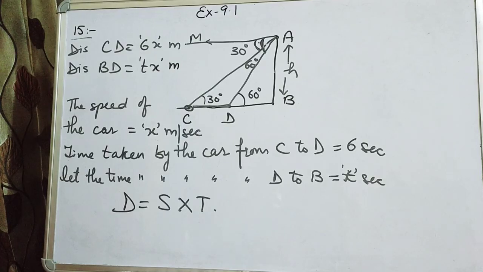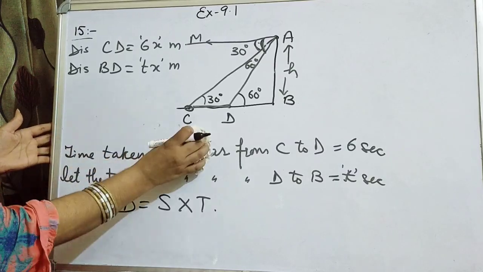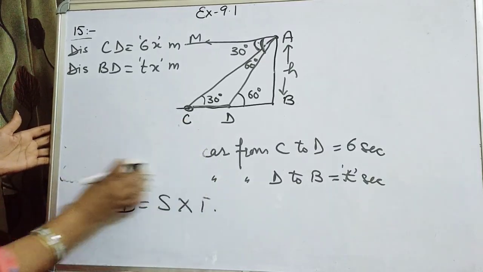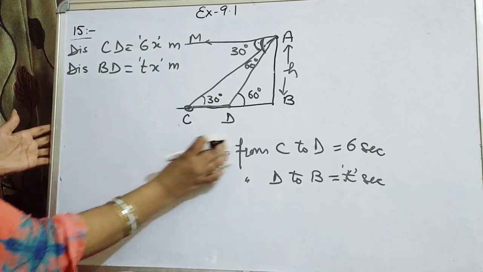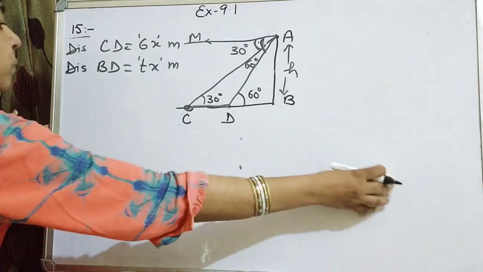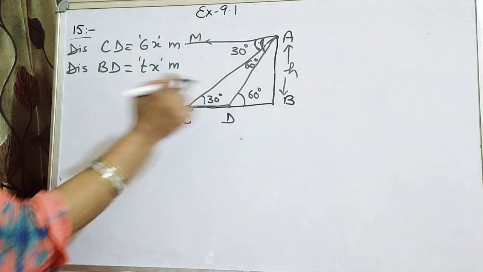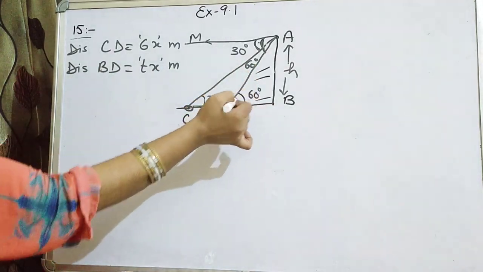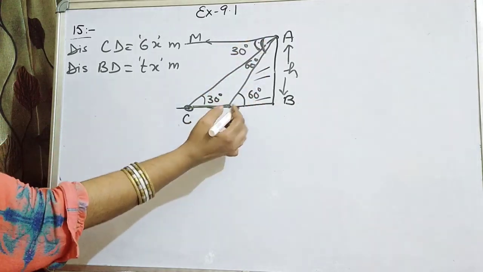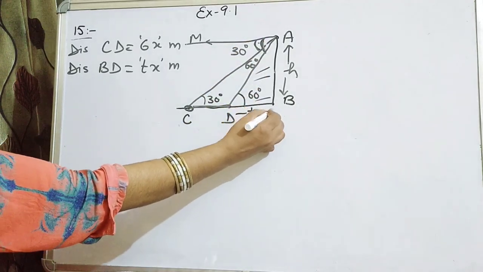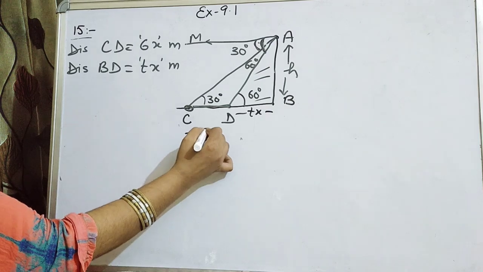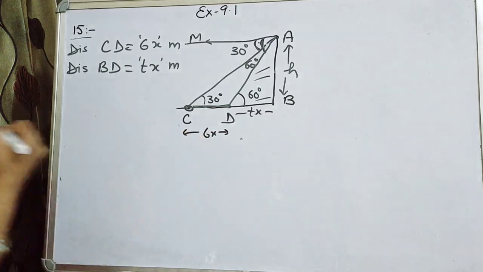Now we have to find the time taken. So we have to make some equations, and after solving them we can get the time taken by the car from D to B. I'm taking first the right triangle ABD, where BD is TX and CD is 6X according to the question.